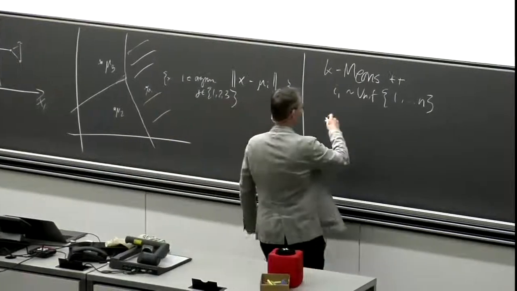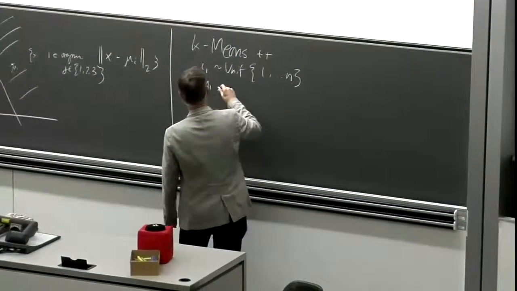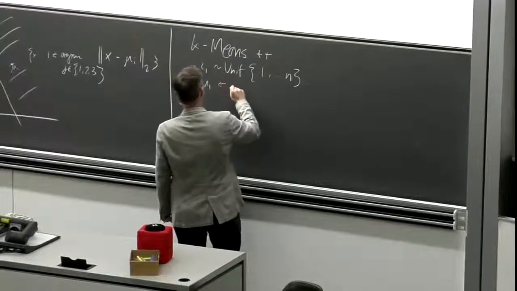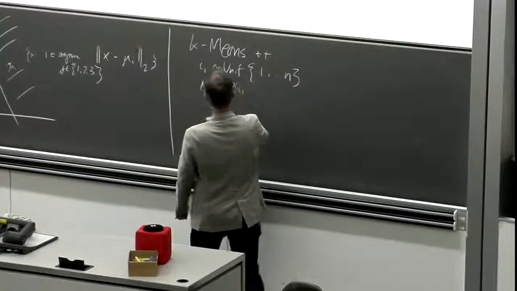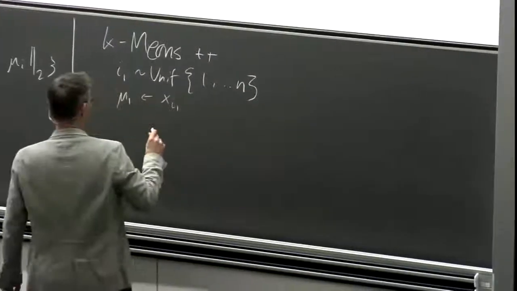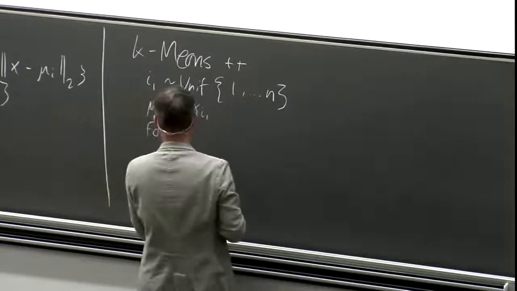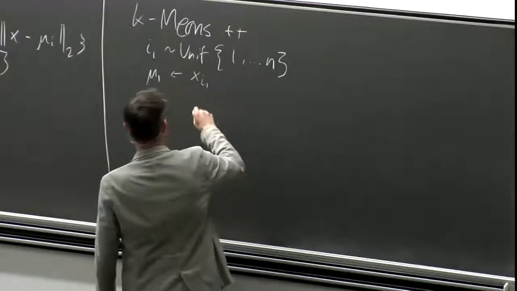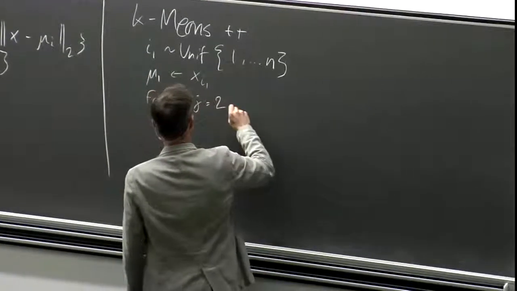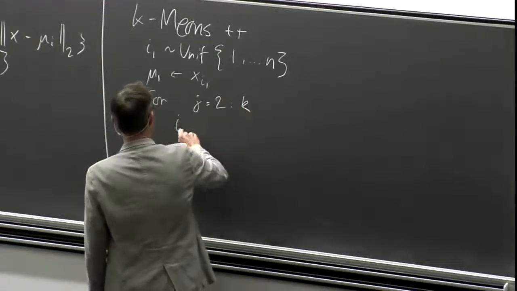Okay, so we'll start with the first point, and we'll set mu1 to be x_i1, so the first data point, right? And now what we're going to do is iterate, from j equals 2 to k, we would draw i_j.